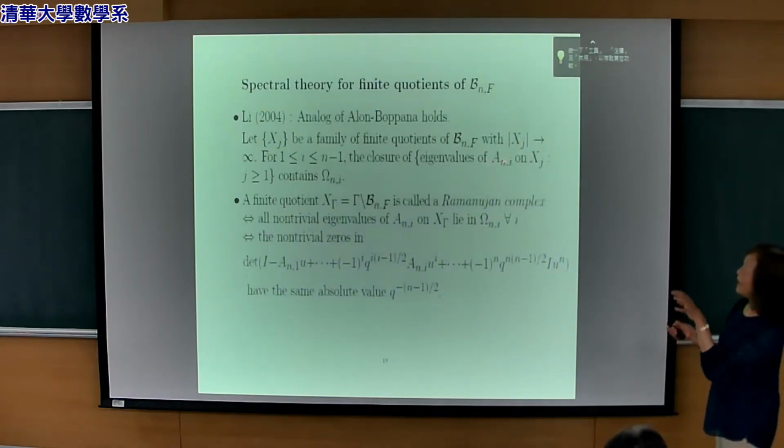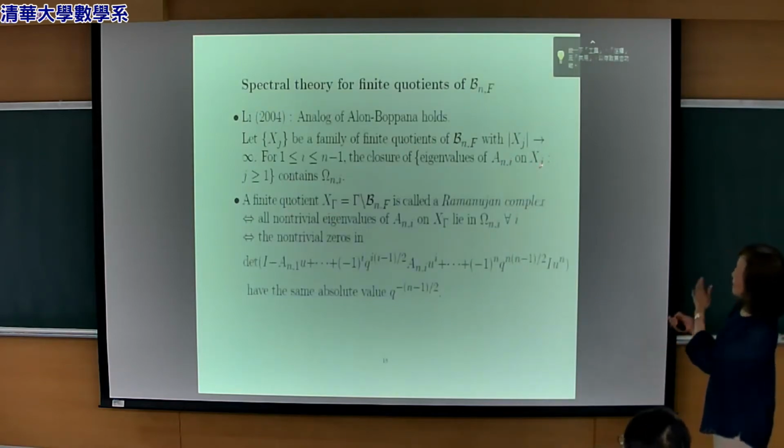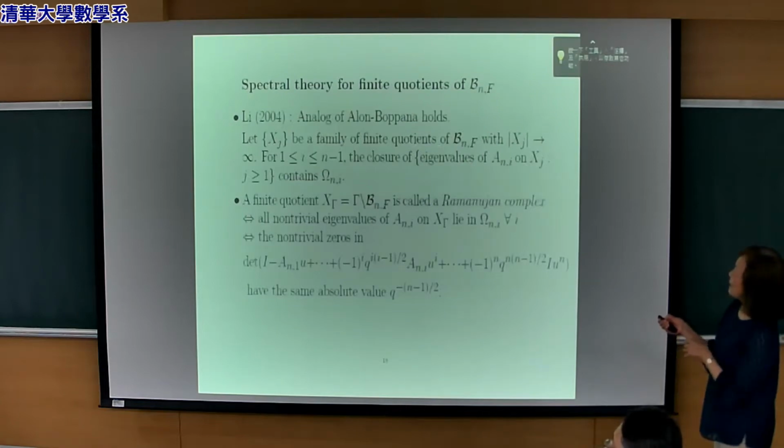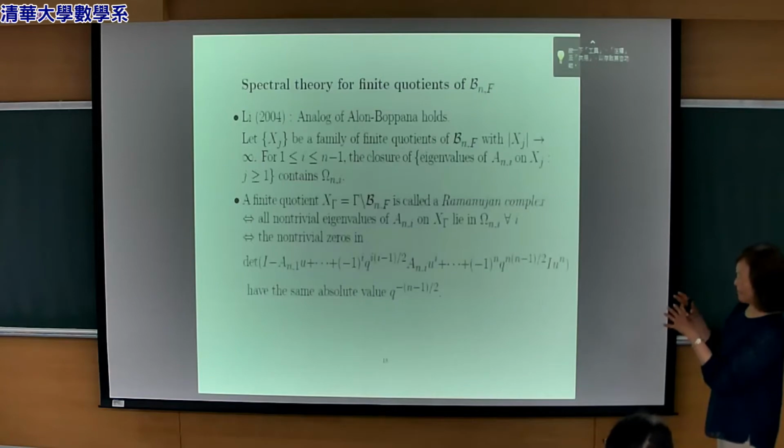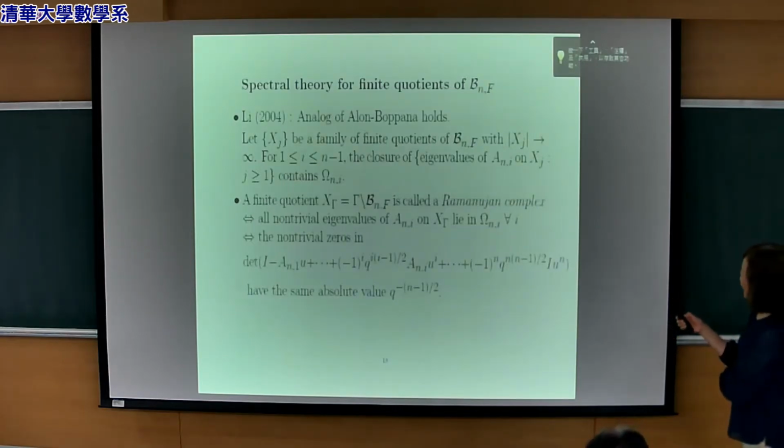In this case, they are complex numbers now. You put together all the eigenvalues as you vary the quotients, but you fix the operator. You collect all the eigenvalues. If you take the closure of that, it should contain the spectrum of the corresponding operator on the universal cover.